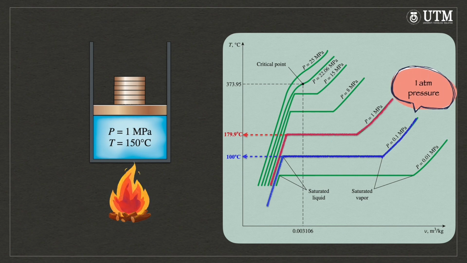The specific volume of the saturated liquid is larger and the specific volume of the saturated vapor is smaller than the corresponding values at 1 atm pressure.